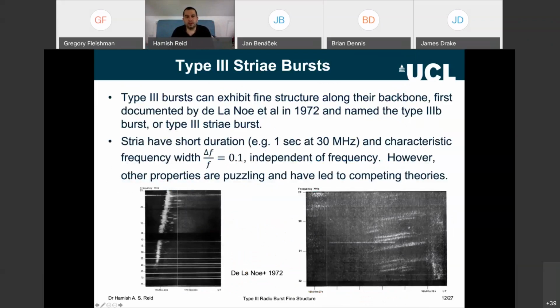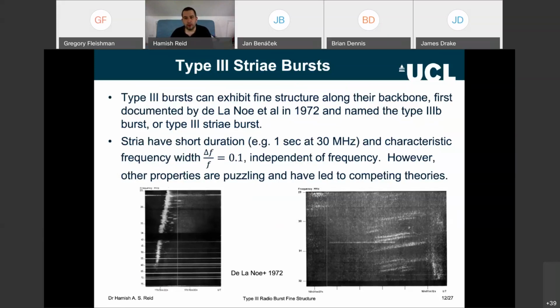Now, these striae bursts were documented in the 1970s by Delano. Some of the properties are a very short duration and characteristic frequency widths of about delta F over F of 0.1, which is typically independent of frequency.